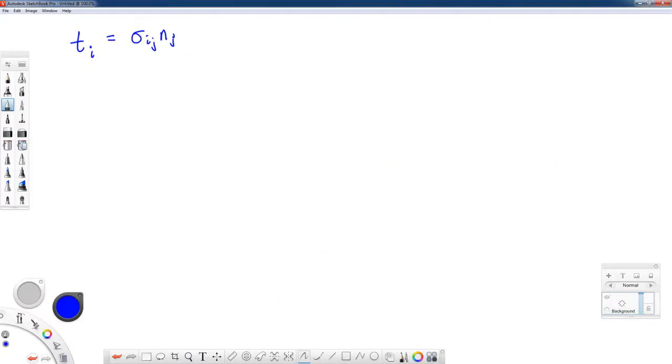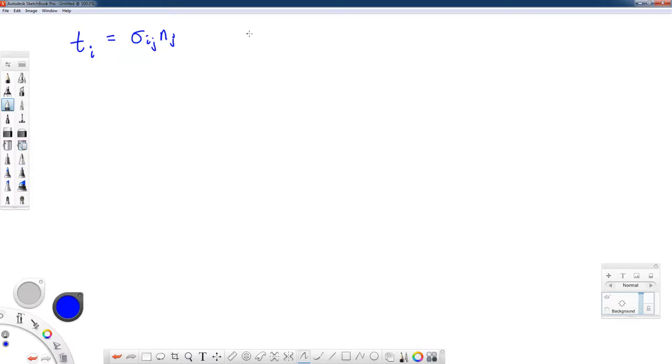So we'll end up using this traction vector relation quite a bit. It's a little bit different symbols than what our book uses, but the traction vector components are equal to sigma ij nj.